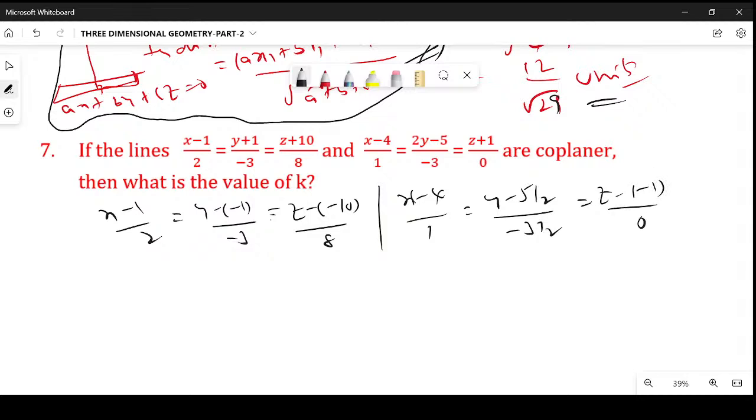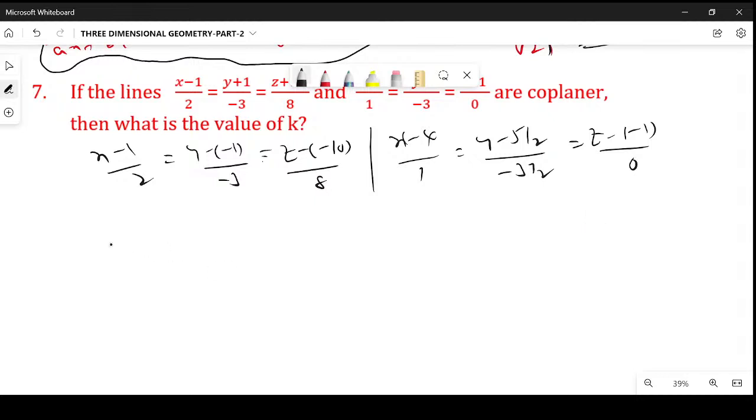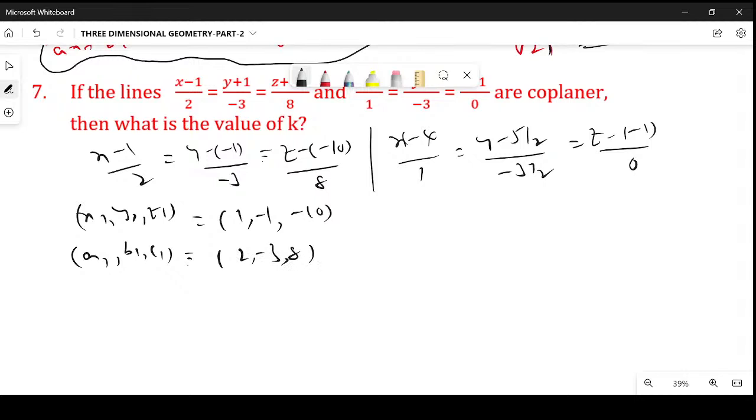So since the lines are coplanar, because we know the x1, y1, z1 point here. Be careful here: what is x1, y1, z1? The point will be 1, minus 1, minus 10. Corresponding direction ratios a1, b1, c1 will be 2, minus 3, 8.